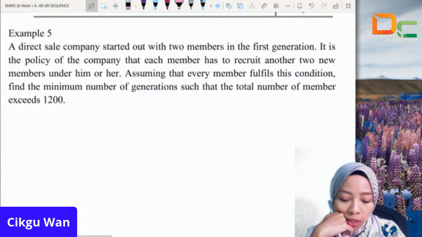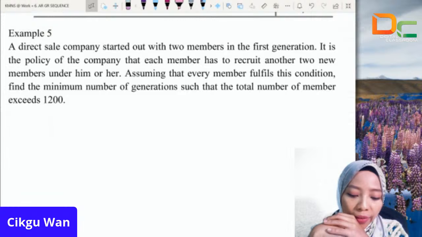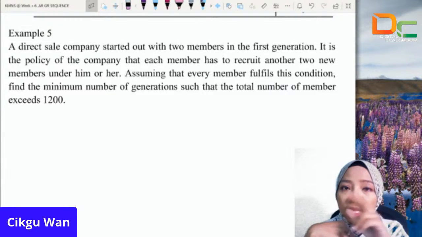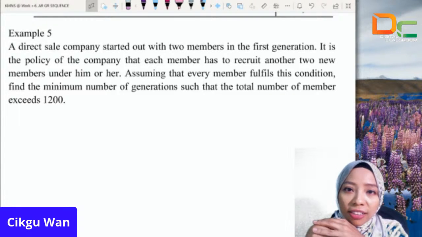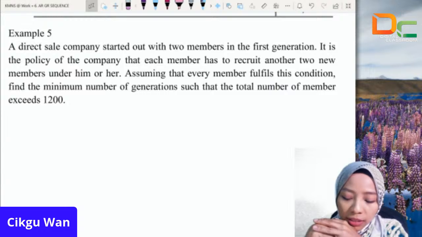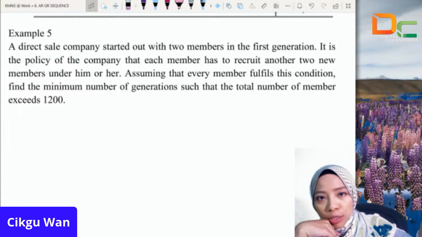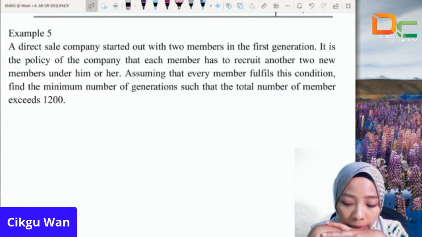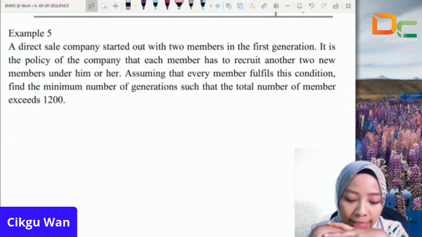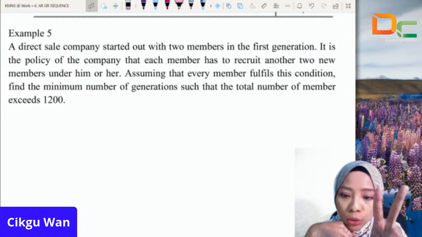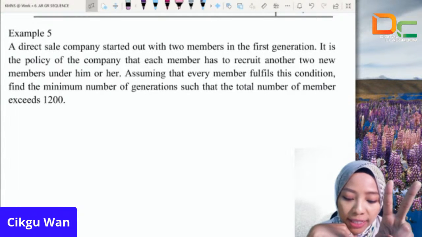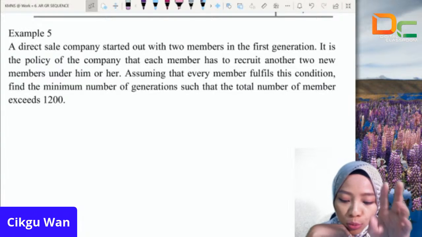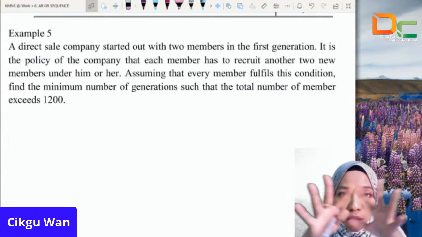Okay, let's read together. A direct sale company started out with 2 members. In the first generation, this is MLM, finding people below. It is the policy of the company that each member has to recruit another 2 new members under him. No need for many, just 2. 2 find 2, 2 find 2, so it will expand.